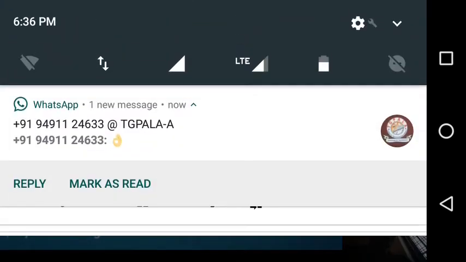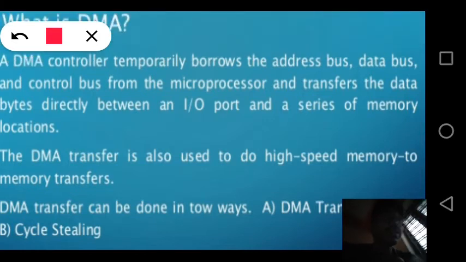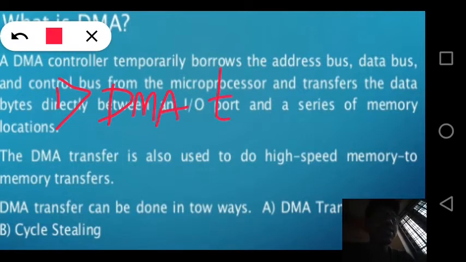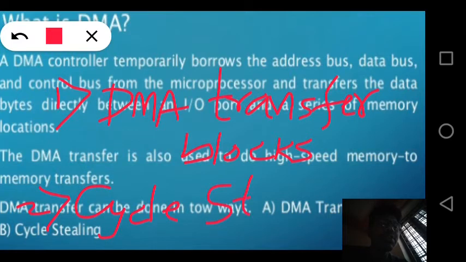Remember, the important techniques in DMA transfer are, first, DMA transfer blocks, and second, cycle stealing.